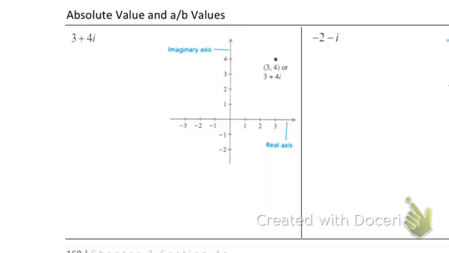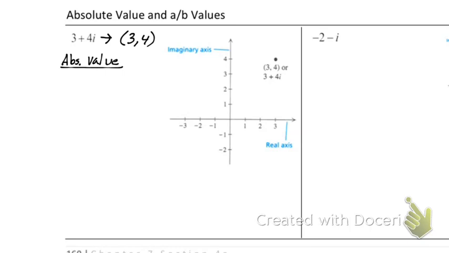So let's look at that first example. The first example says plot 3 plus 4i. Well, I already did that for you. And then it's basically find the absolute value. Remember when you're plotting these, if you ever get confused, just make the point 3, 4. So we're going to find the absolute value of this, which is just the distance from here to here.